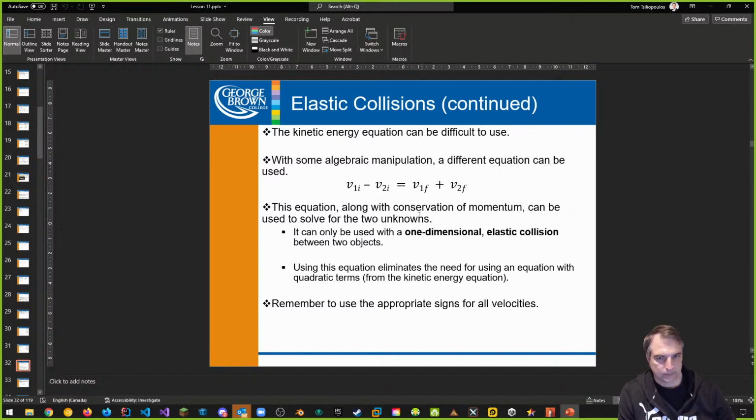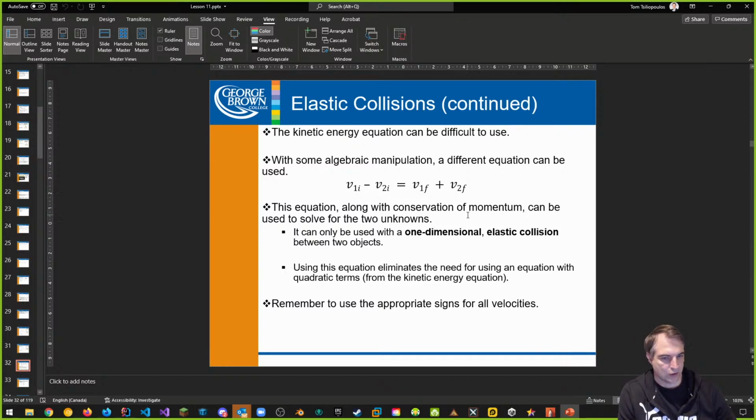But the kinetic energy equation can be difficult to use, and with some algebraic manipulation, a different equation can be used. We can say that v1 initial minus v2 initial is equal to v1 final plus v2 final.